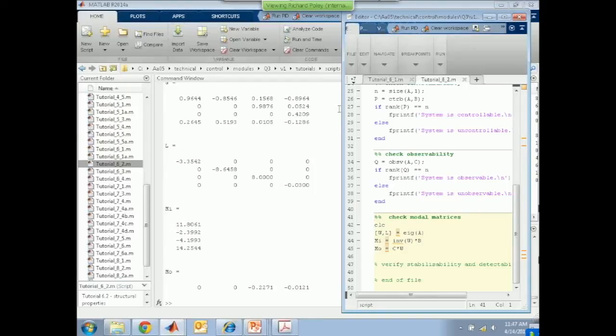Well, it is. So by observing the outputs, we've at least got the information that that thing is going to be unstable. So this is a stabilizable and a detectable system, but it's not stable and it's not observable, taken as a whole. So there are the properties of that system.